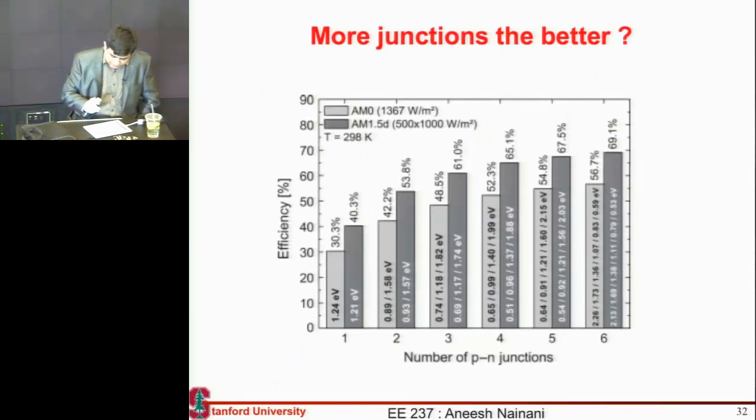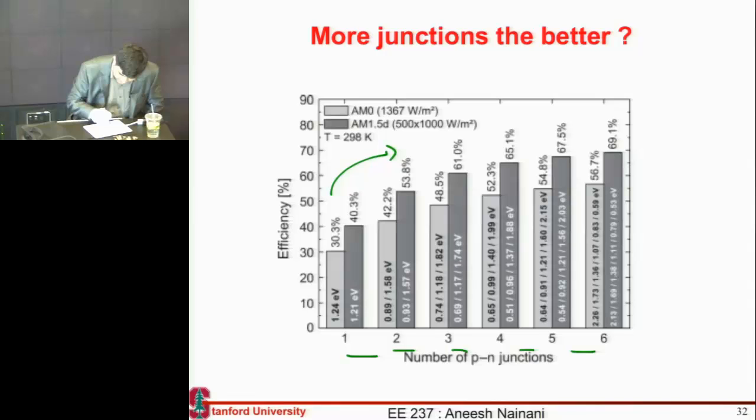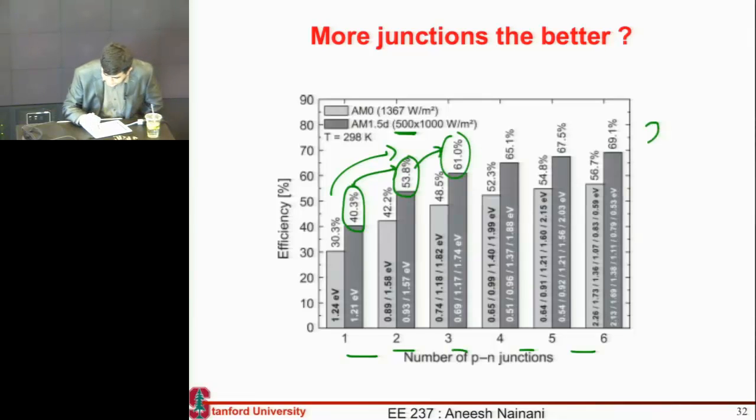So you can see that if I use more and more junction, I can realize higher and higher efficiency. So if I use one junction at a concentration of 500x, I can realize the efficiency of 40%. If I go even higher, I realize even higher. But you see that this comes at a cost of increasing complexity. So if I use 2 junctions, maybe I'll have 4 times the complexity.